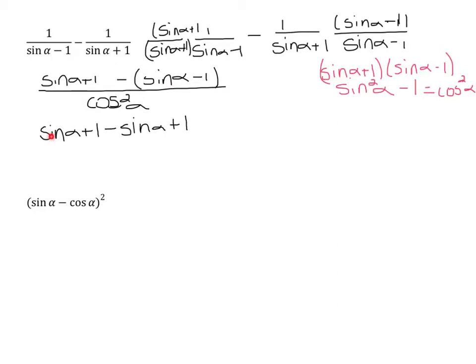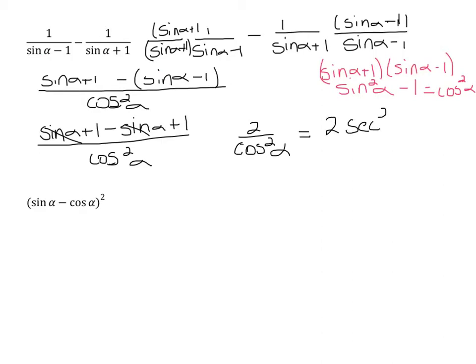So here I have positive sine of alpha, negative sine of alpha. Those cancel. And then I have 1 plus 1, which is 2. So this gives me 2 over the cosine squared of alpha, or 2 times the secant squared of alpha.